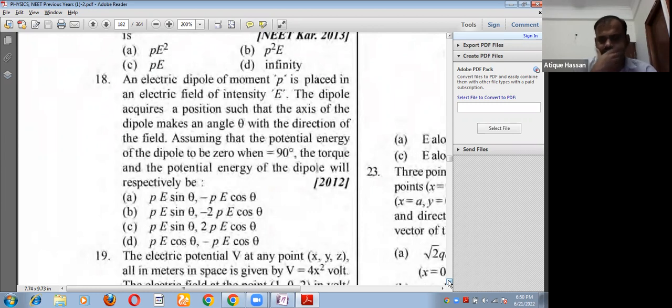The question says an electric dipole of moment P is placed in an electric field of intensity E. The dipole acquires a position such that the axis of the dipole makes an angle theta with the direction of the field.